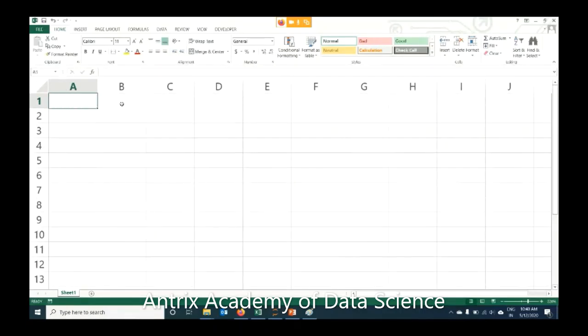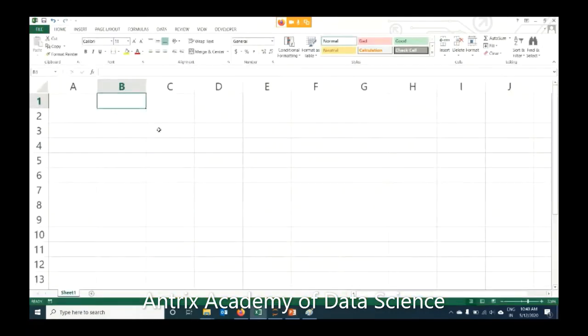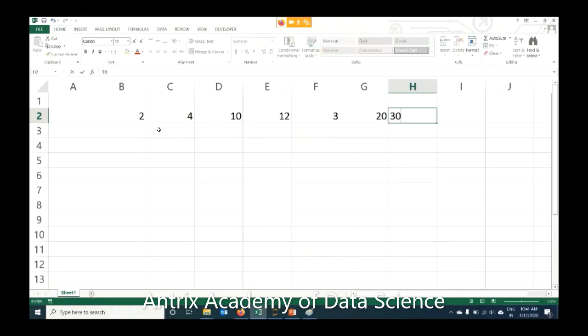Let me take numbers from my presentation so that I can easily refer to them: 2, 4, 10, 12, then 3, then 20 and 30, and 11 and 25.